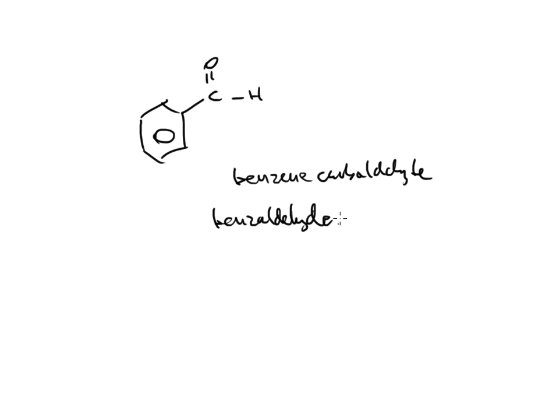All right, so there are two examples of how to use IUPAC and common nomenclature when aldehydes are connected to ring systems. All right? Okay, so that's where I'm going to stop.